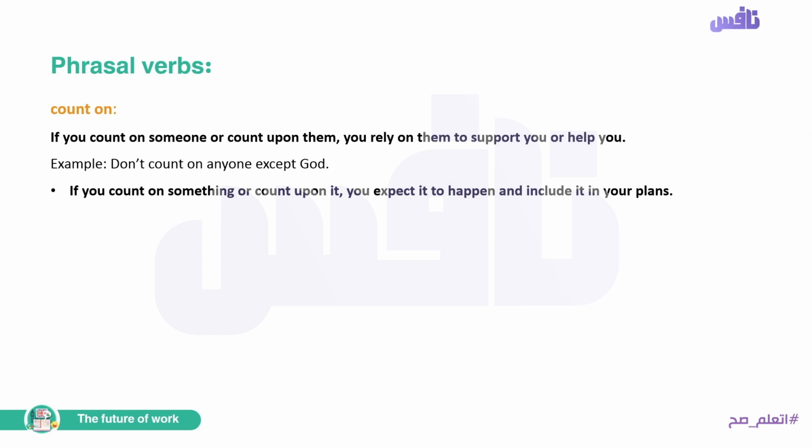يعني ايه معنى الكلام ده؟ بيقول لنا لو انت قلت ان انا I count on something or count upon it، معناها ان انت ايه؟ You expect it to happen. بتتوقع ان الحاجة دي تحصل and include it in your plans وتضمنها في خططك.